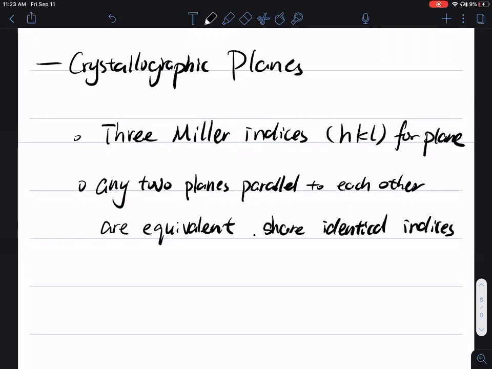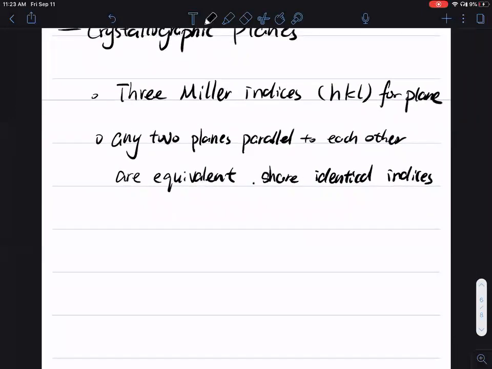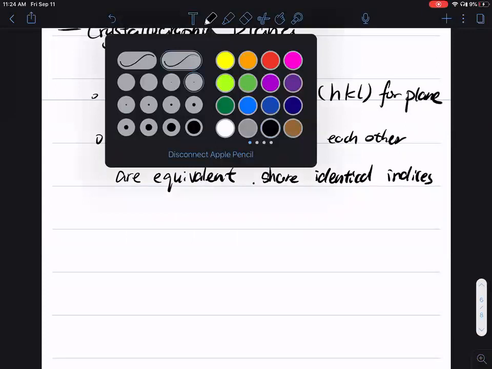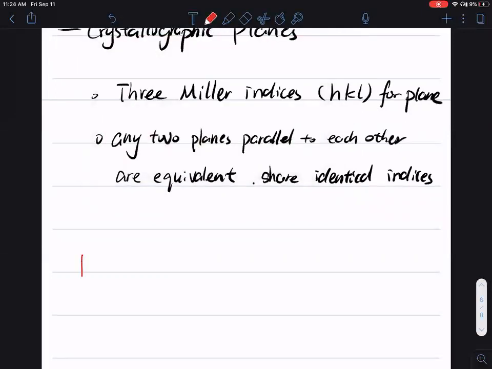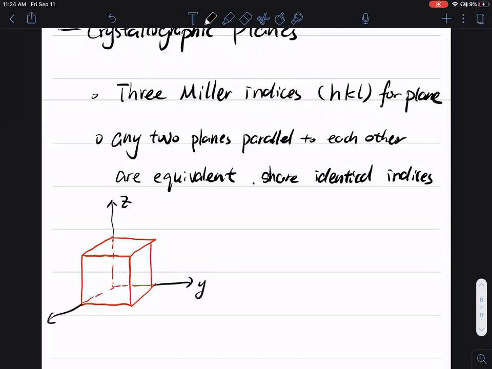Okay. Now let's look at the steps for how to find the plane indices. Let's draw a unit cell: z, y, and x.